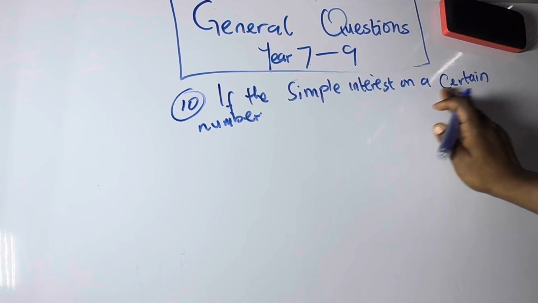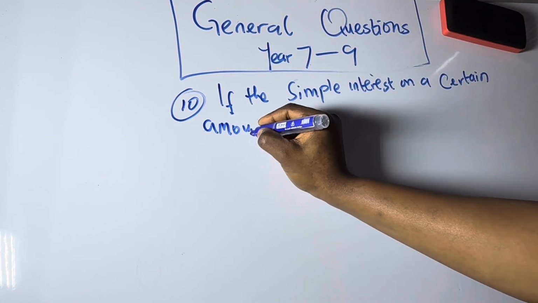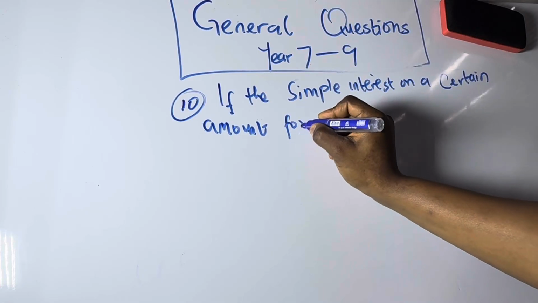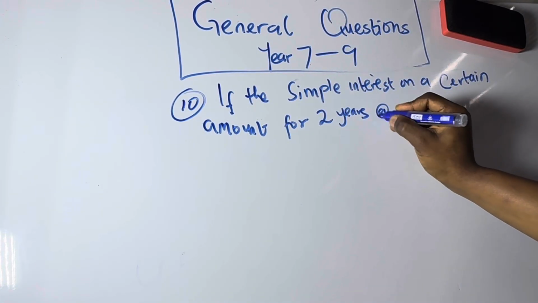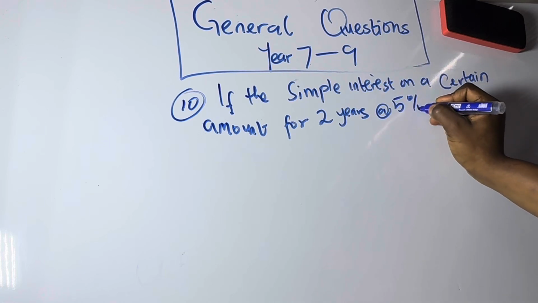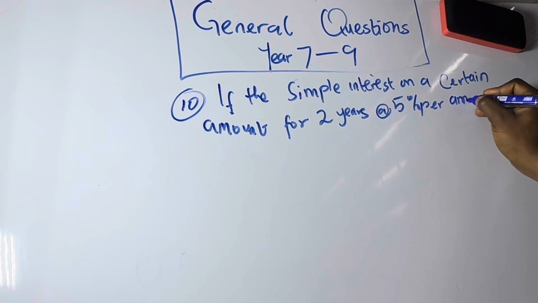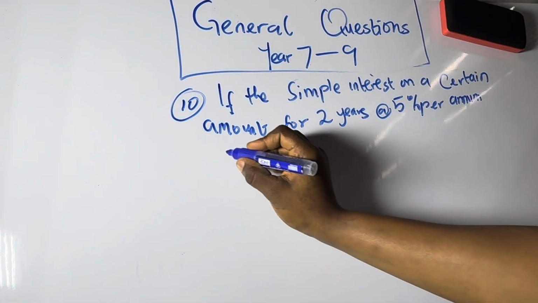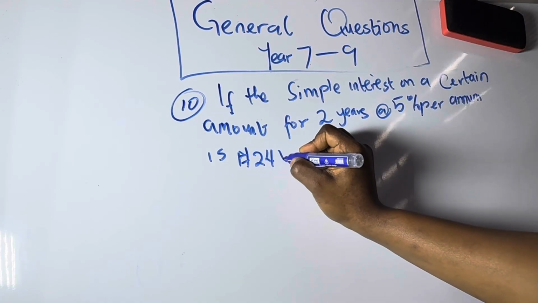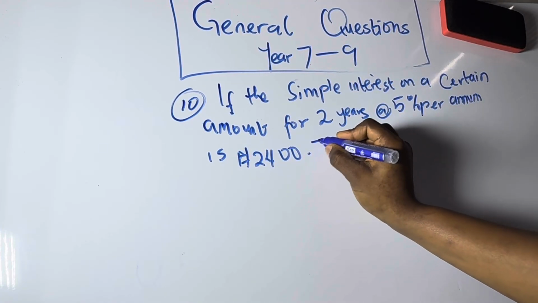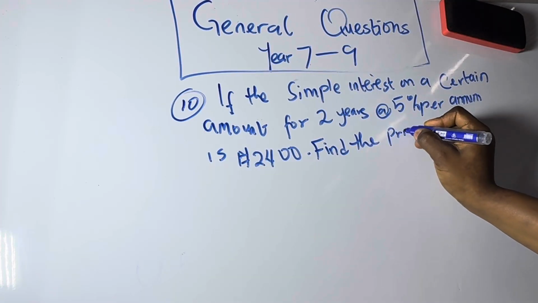If the simple interest on a certain amount for 2 years at 5% per annum is 2,400 naira. Find the principal.